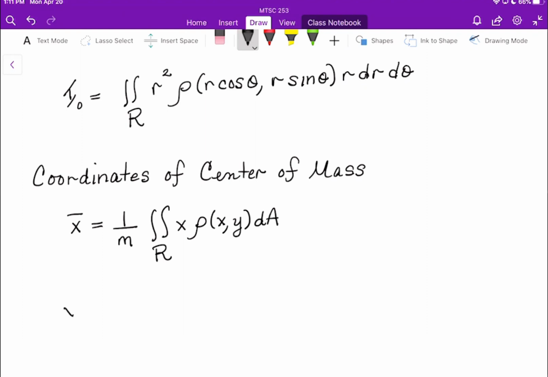And then the y coordinate, 1 over m, and now we have to multiply by Mx. And for Mx, we need the distance y from the x-axis, dA.